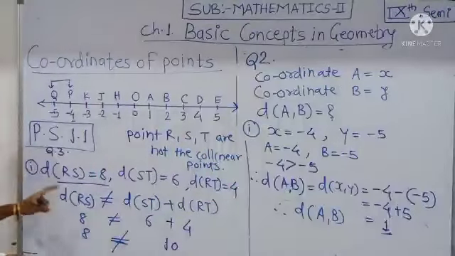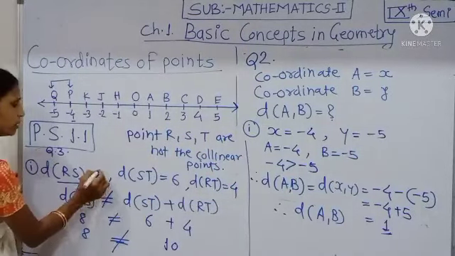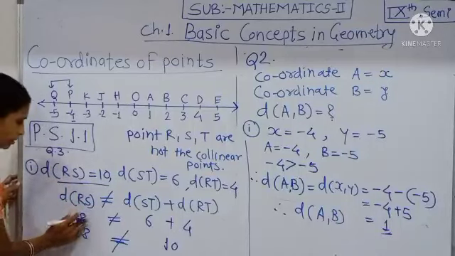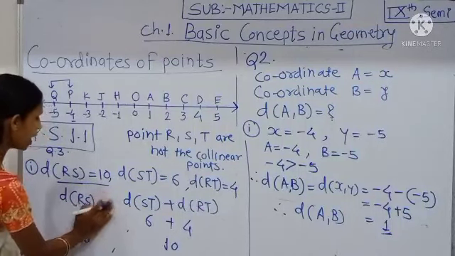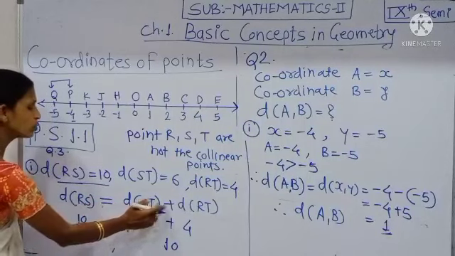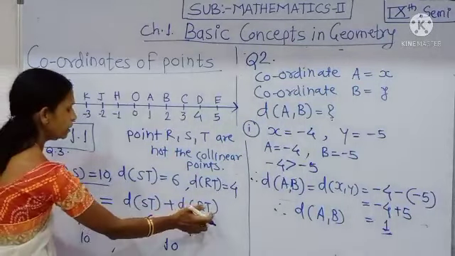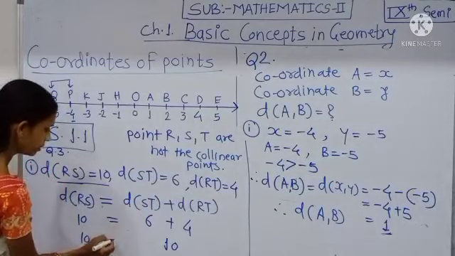Then if RS is given as 10, then DRS becomes equal to the sum of DST and DRT.